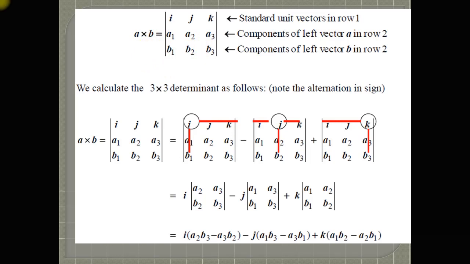Note that the cross product gives a result in vector form, and this vector will be perpendicular to vector A and vector B.